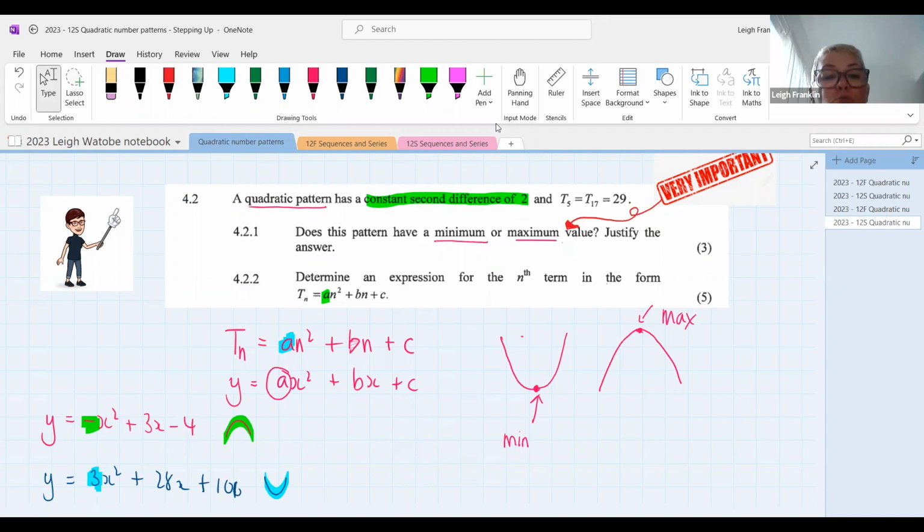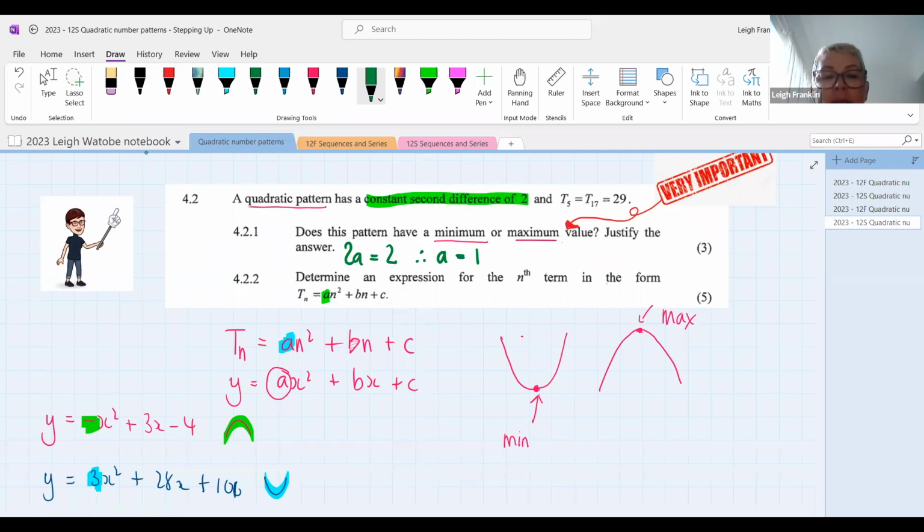Exactly, perfect, brilliant. So what we are doing here is we are taking 2a and making it equal to 2. Wonderful. And then what that means is that a is equal to positive 1.